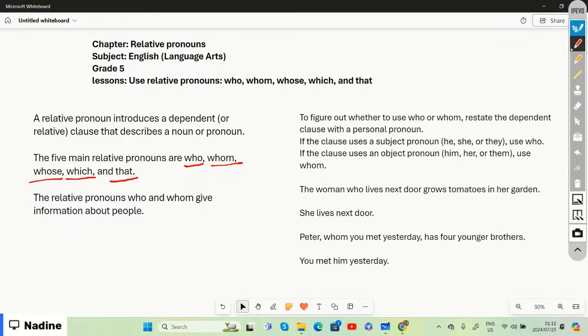If we look at the relative pronouns who and whom, if we use the words who and whom, they give us information about people.